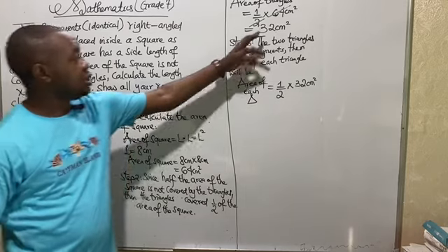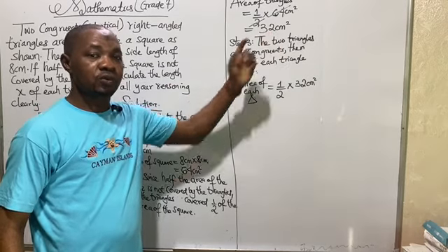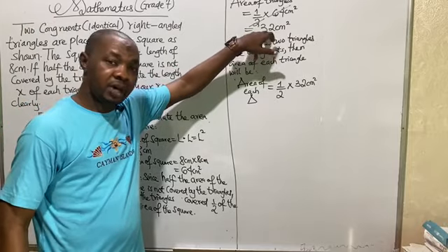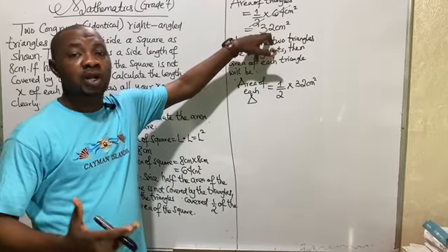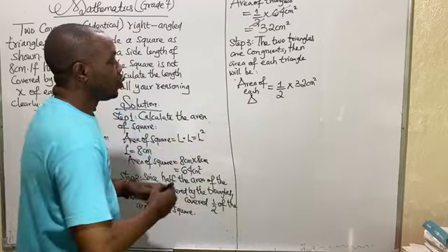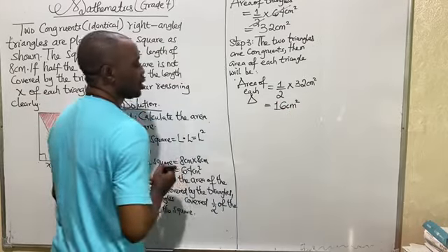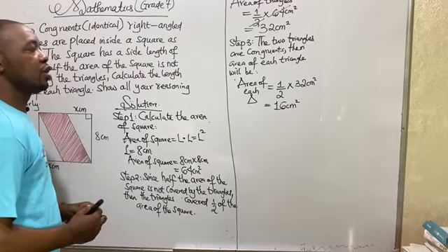This is the area of two triangles, so we need to find the area of one triangle, so we are dividing this value by 2, and that's because the two triangles are identical. So this will be equal to 16 square centimeters. So this is the area of each triangle.